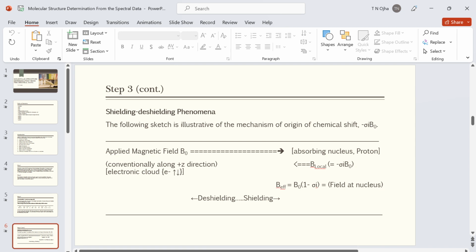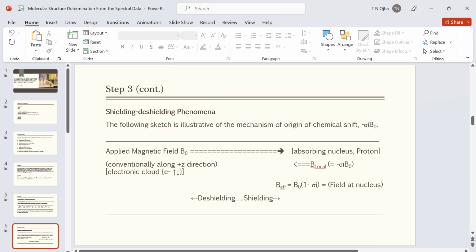The applied magnetic field increases from left to right and the absorbing nuclei are surrounded by an electronic cloud. A local field is created. This local field B local is equal to minus sigma i B0.